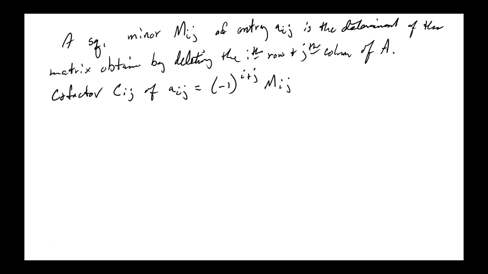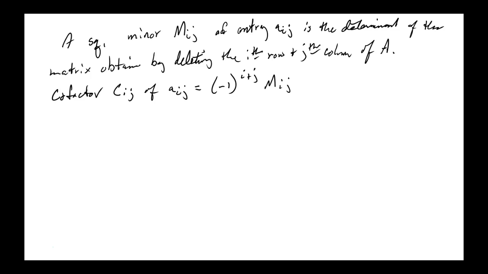So if A was a 7 by 7, then the minor of the fourth, fifth entry, A sub 4, 5, you eliminate the fourth row, the fifth column, and then you have a 6 by 6 matrix left. The determinant of that matrix is the minor of 4, 5.